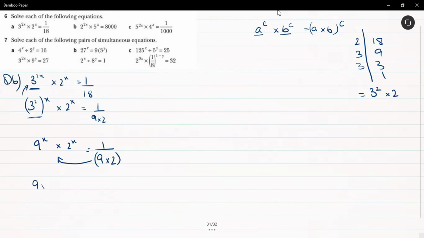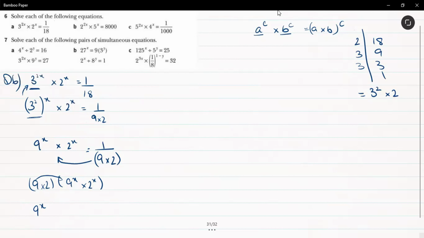So 9 multiplied by 2 multiplied by 9 raised to the power x multiplied by 2 raised to the power x. This 9 is going to multiply here, so this is going to be 9 raised to the power x plus 1. And this 2 is going to be multiplied by this.